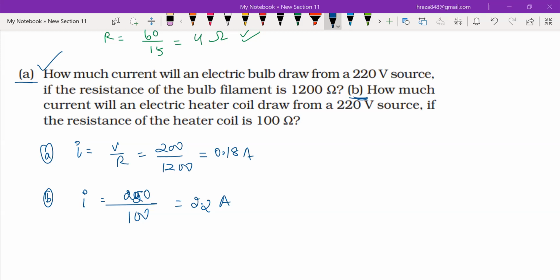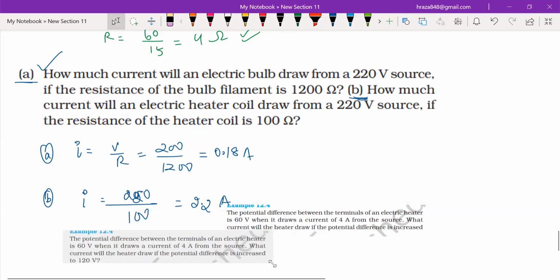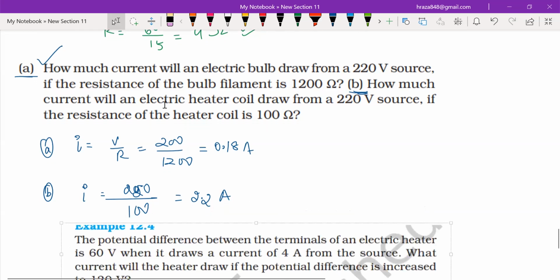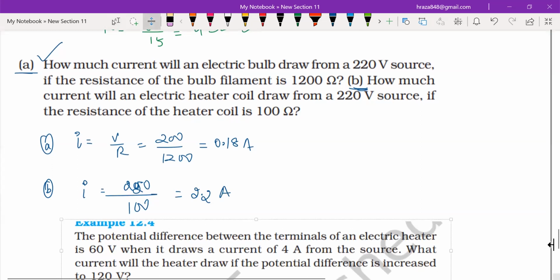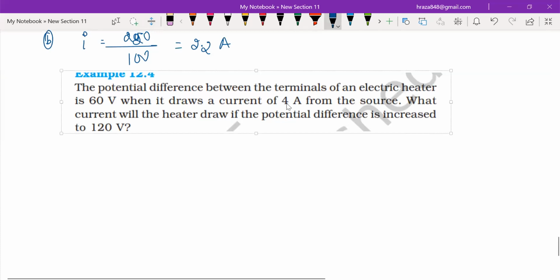Now I'm going to give you another question. Are you able to see the question? Yes. The potential difference between the terminals.